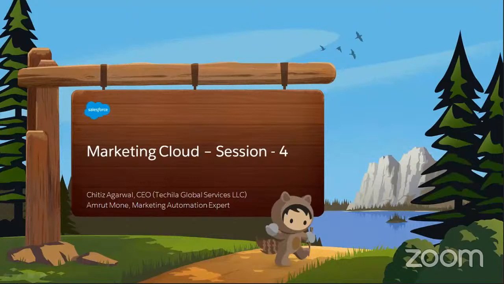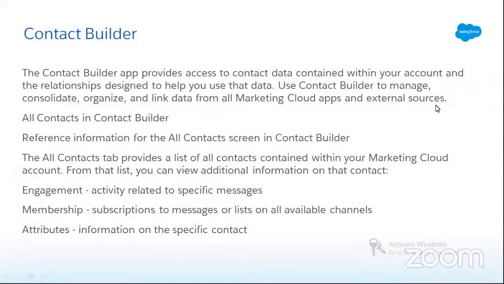And also the attributes, like for data extensions, we have attributes. For attributes, we have information about a specific contact. If you open a contact, you will see the information relative to the contact, that is where it is stored, in which data extension.